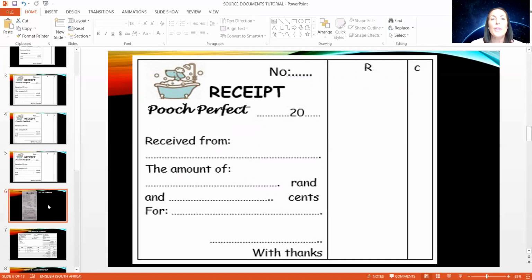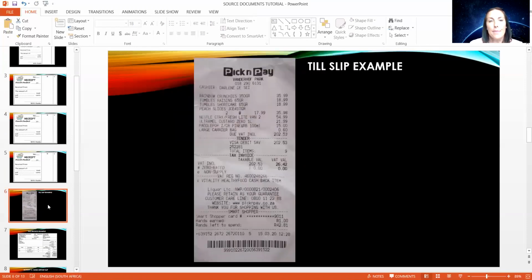Then we're going to look at another source document that we will find in the business environment, and this is a cash register slip or a till slip. If your business makes use of cash registers or tills, then when people pay us cash, the till will print this till slip.